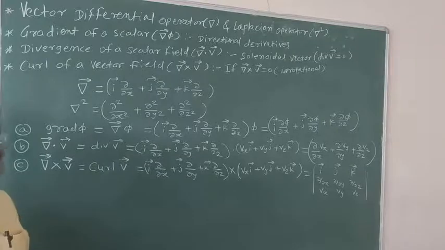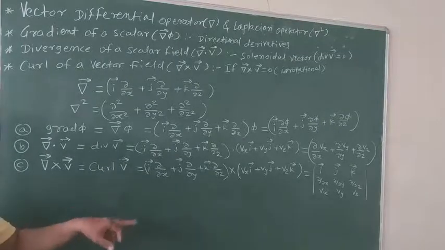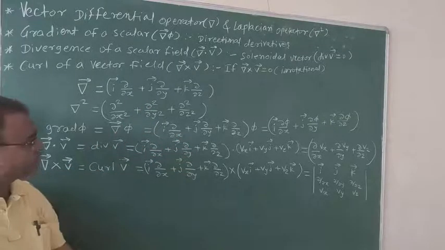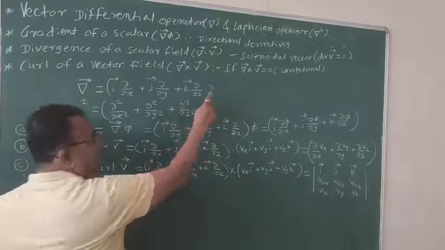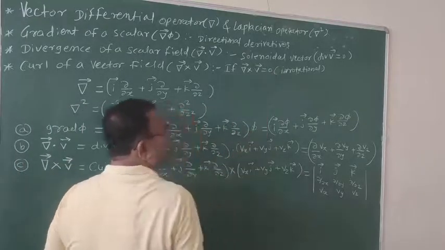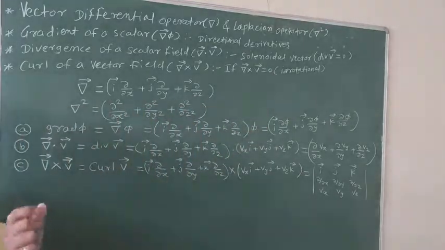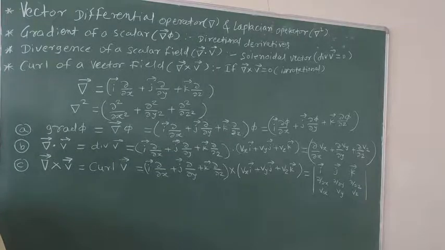It can be given as a 2-mark definition. Or define irrotational field: the vector field for which curl is 0 is called an irrotational vector field.